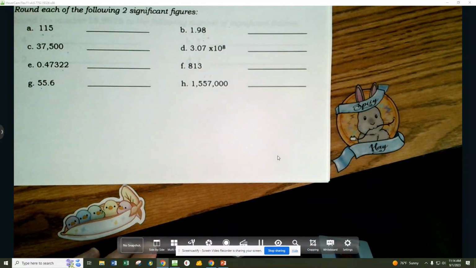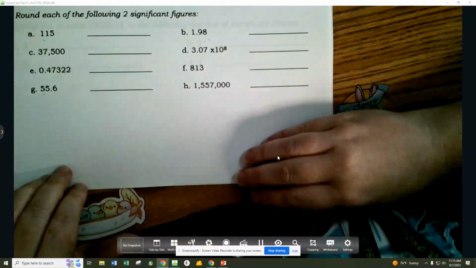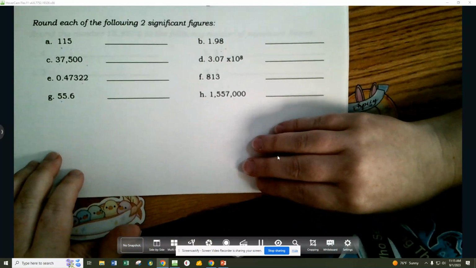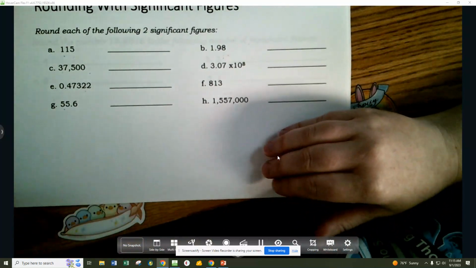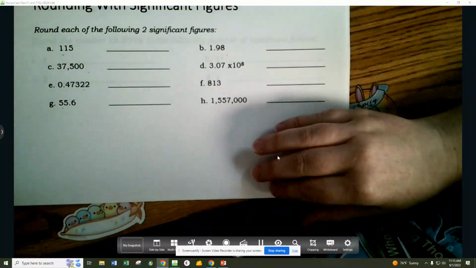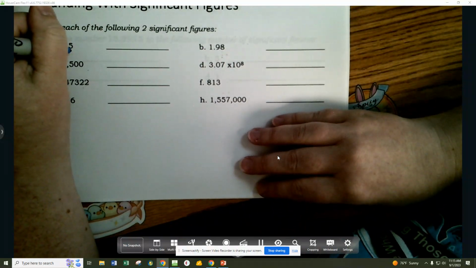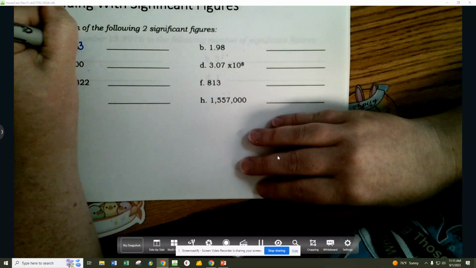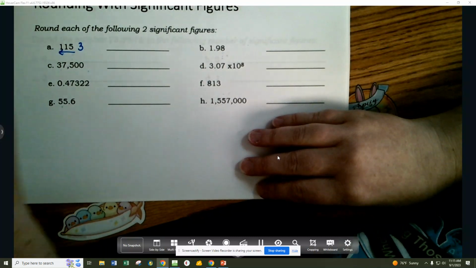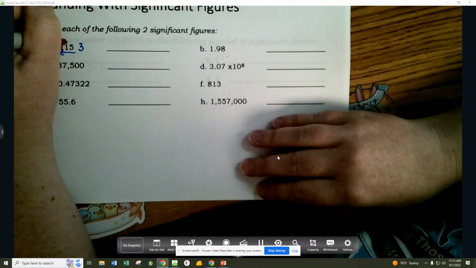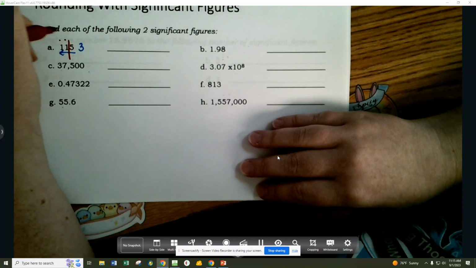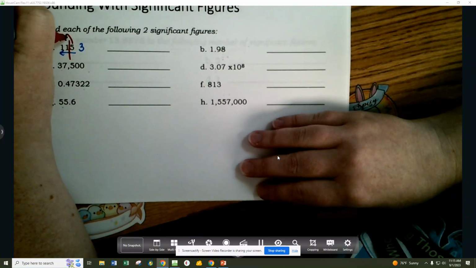So here you may want to pause the video and see if you can do this, but what we're doing here is rounding to 2 sig figs. As you get fewer and fewer sig figs that you're allowed to keep, it becomes a little bit trickier, okay? So this is going to be the Atlantic rule, and this allows us to have 3. We can keep the hundreds place and the tens. The ones place is going to have to go, and we are going to have rounding here.